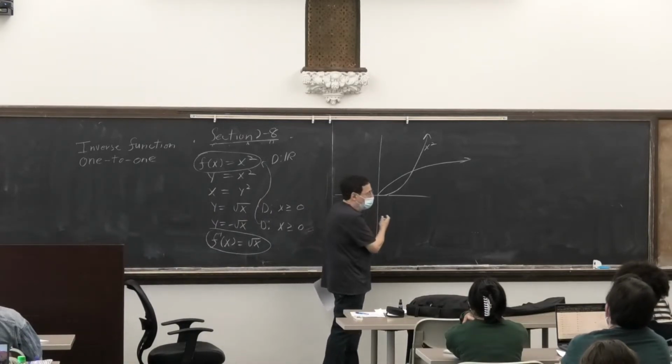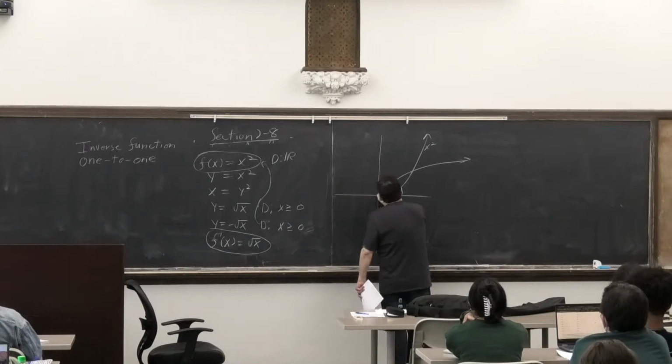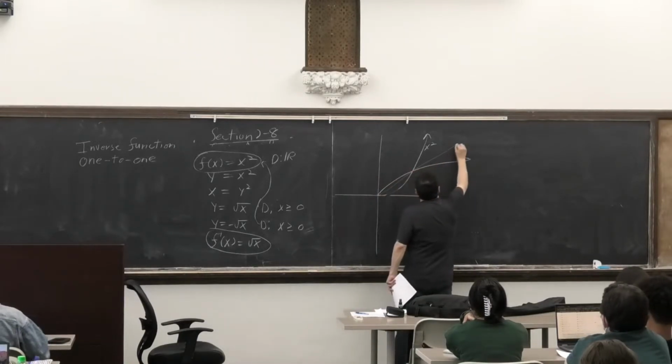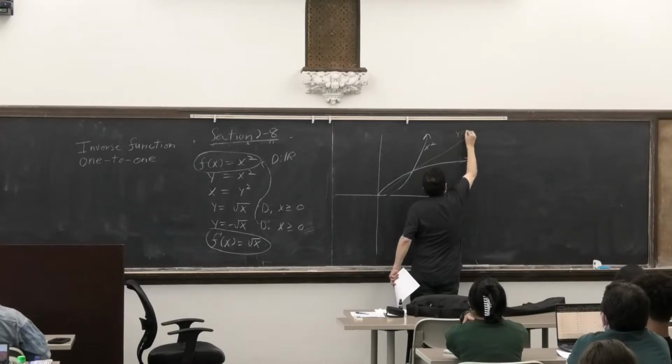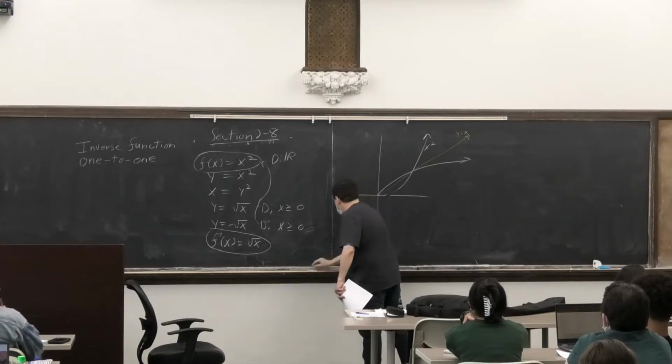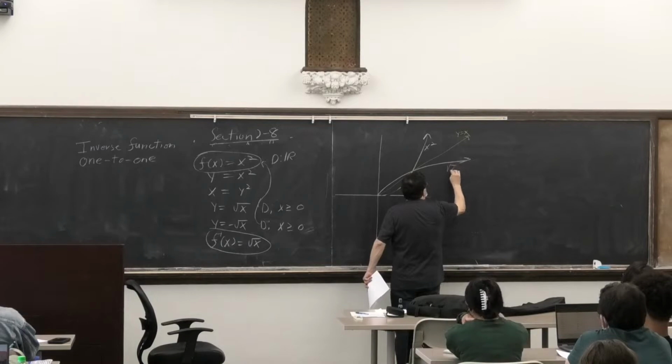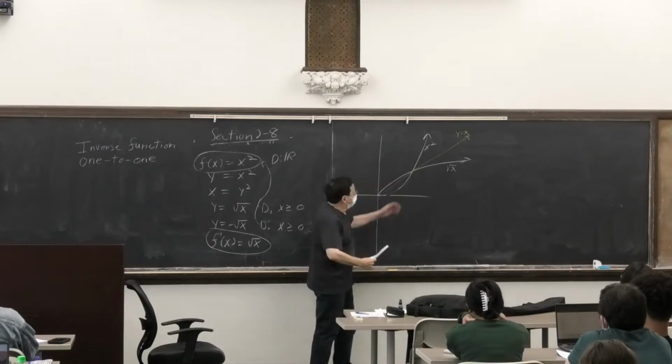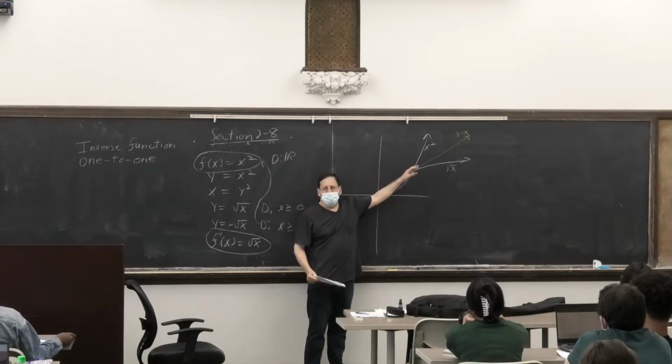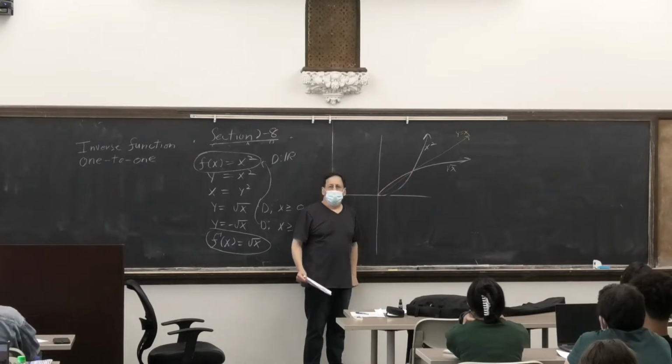Now, if I drew this really well, and I draw the line here, y equals x, you might notice that these two are reflections of each other. It's kind of a trick.